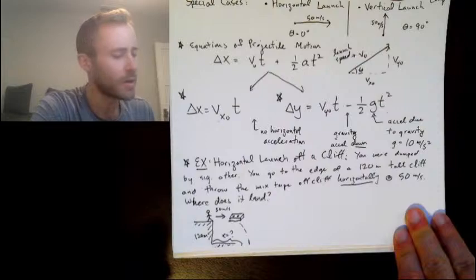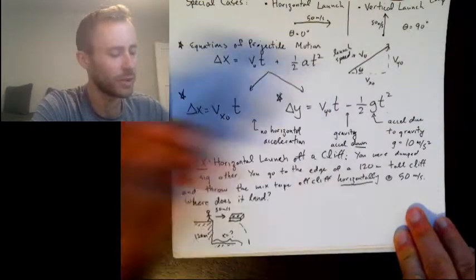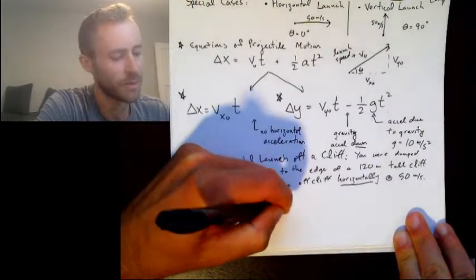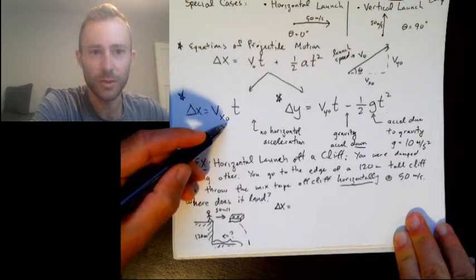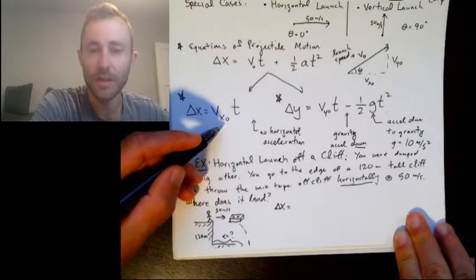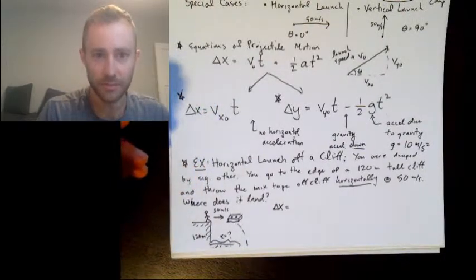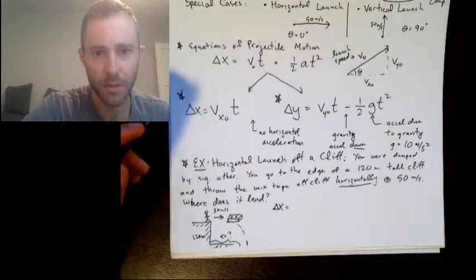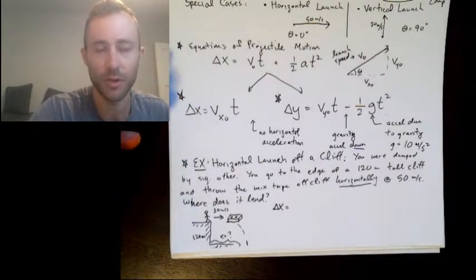All right. So the first thing I'm going to do is set up my two projectile motion equations. So I have a delta x equation. The delta x says Vx initial. What is the initial x component of the velocity? Now, because this was a horizontal launch, all of that 50 meter per second velocity was horizontal, and none of it was vertical.